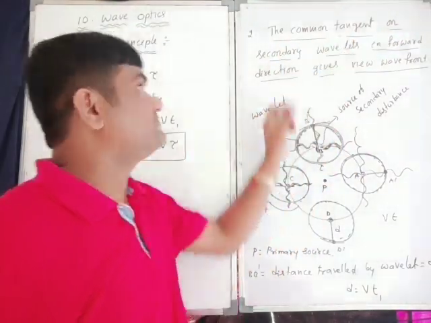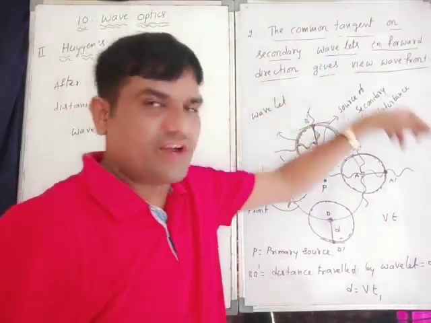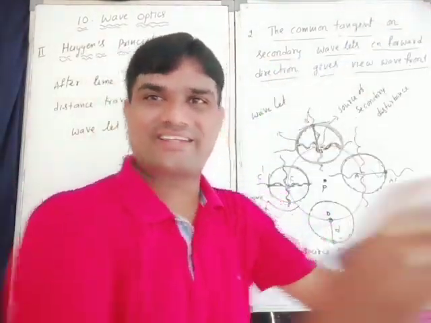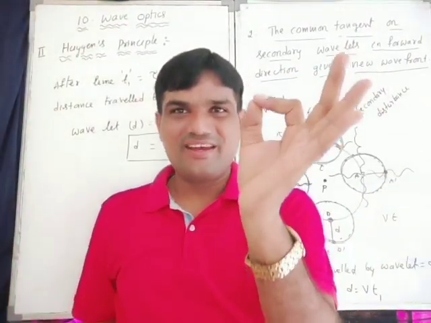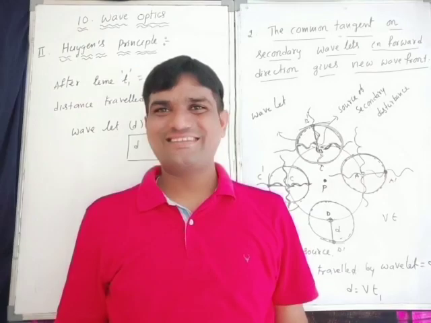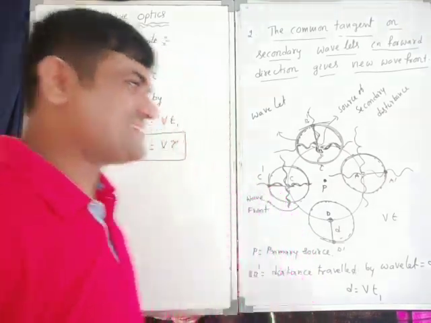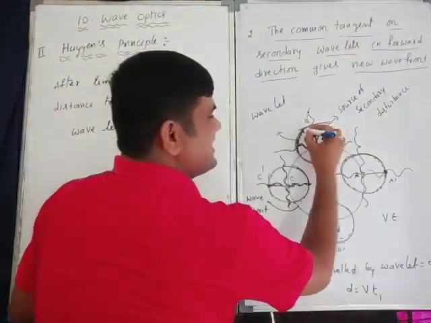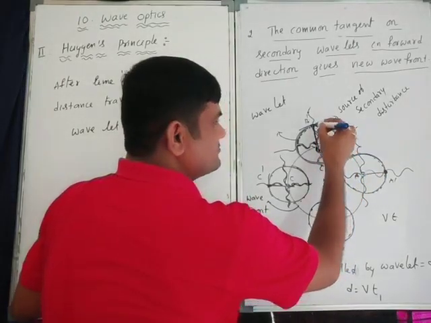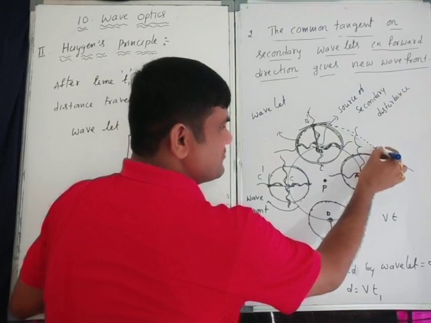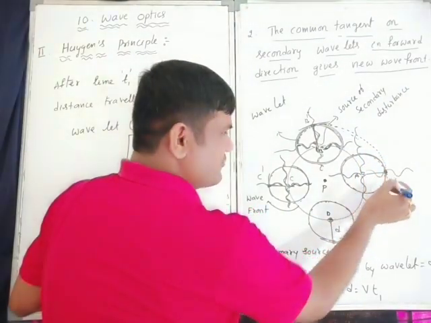The common tangent on secondary wavelets in the forward direction gives a new wavefront. This is a common tangent I can draw here. So the forward envelope is a forward secondary wavefront.